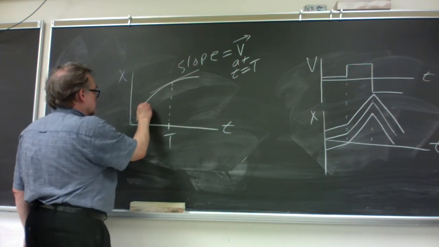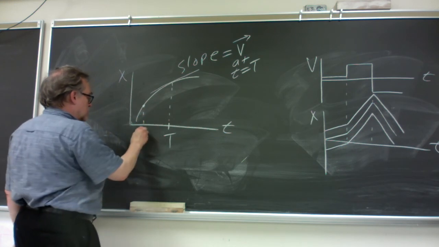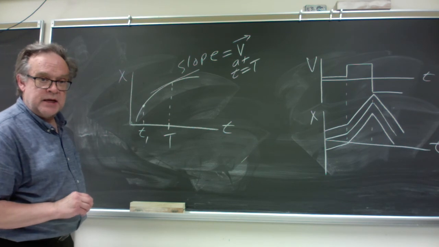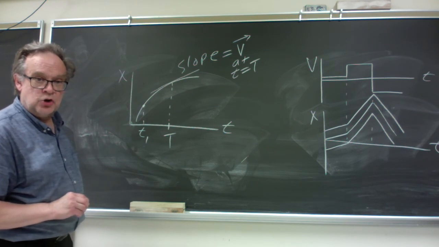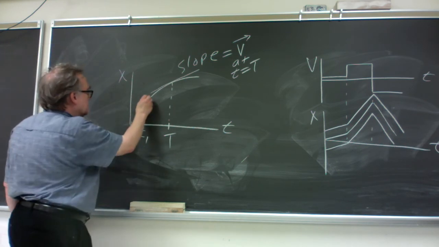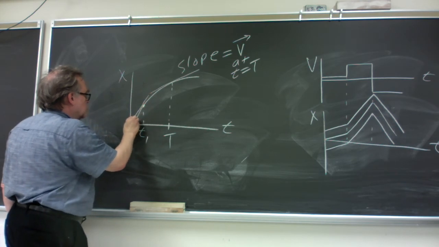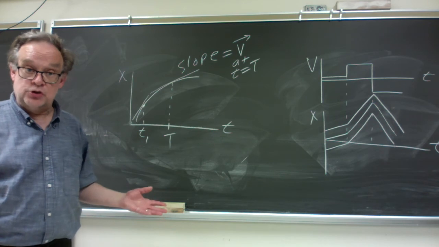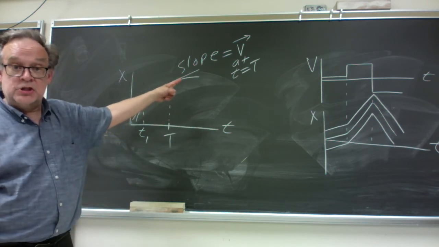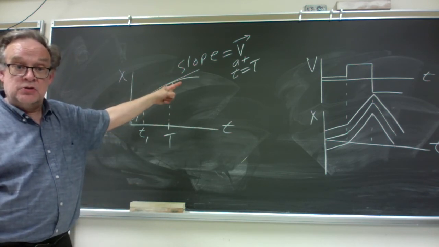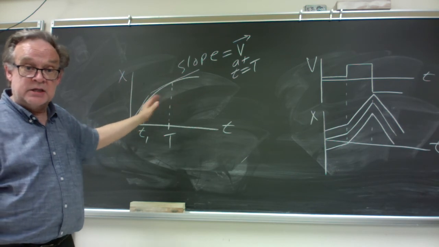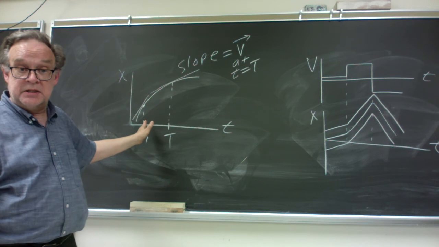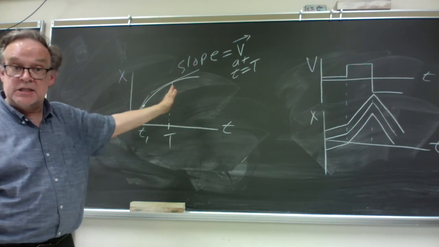Here, at this time, let's call it T1, the straight line that's tangent to the position curve at time 1 would look like that. It has a steeper slope, a larger slope than this slope, but since slope of the tangent line is velocity, this slope is bigger than this slope, so the velocity at this time is greater than the velocity at this time.